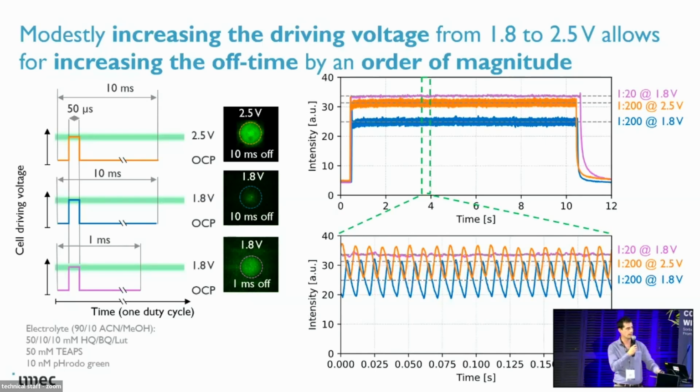If you look into more detail, however, you do see that you merely shift up the baseline of this wave. So if you compare 1.8 volts and 2.5 volts at the same duty cycle, you just shift up the average intensity, and so the average proton concentration that you have.